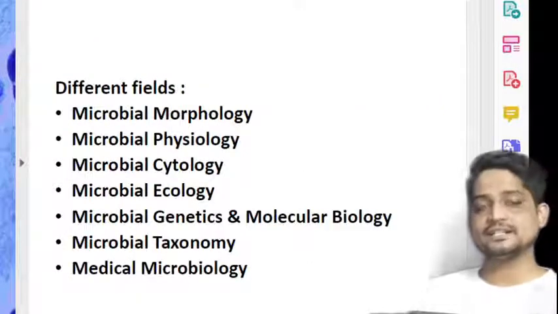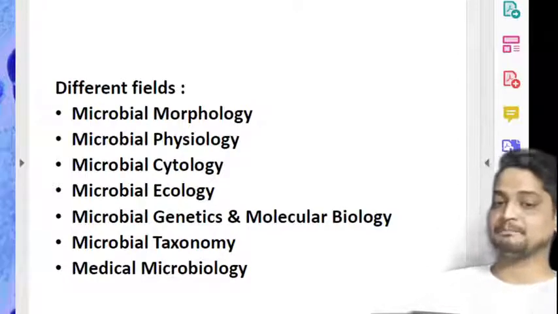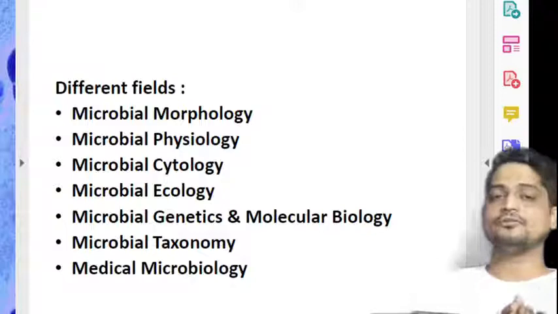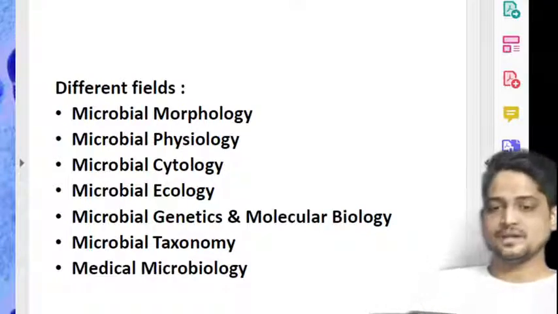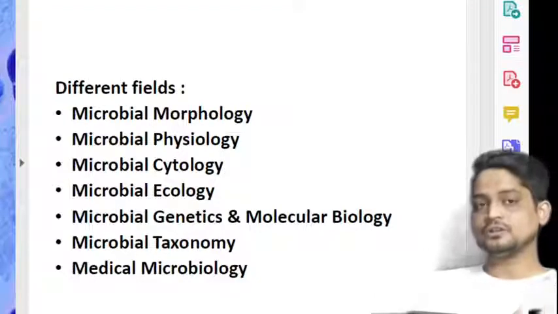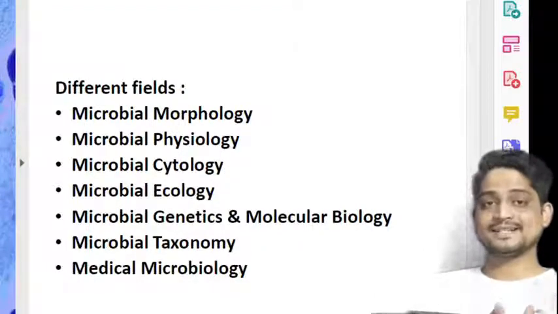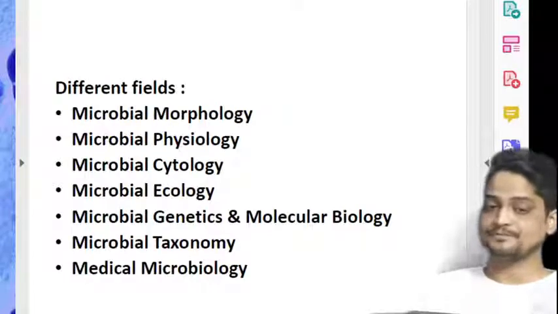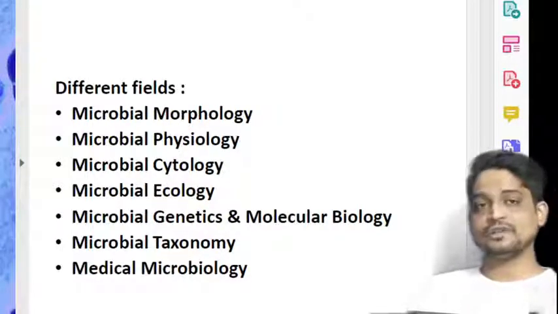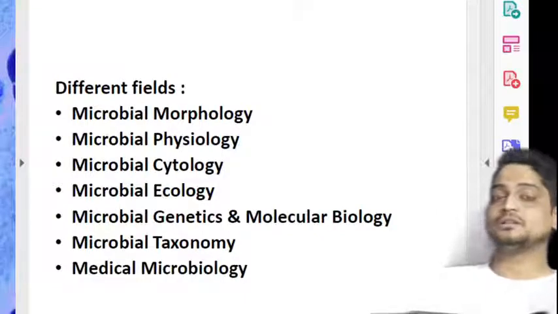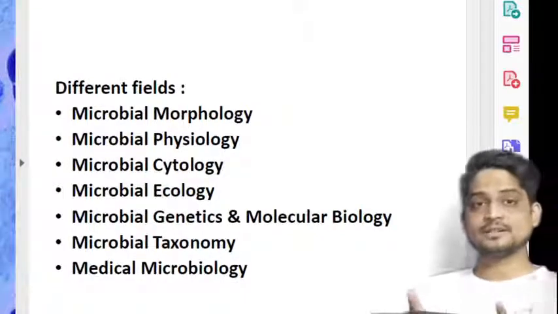So there are different fields in microbiology. Microbial morphology, where we study the external features of those microorganisms. Microbial physiology, where we study the functionality or physiology, or complete cycles or their metabolic rate, their metabolism and so on. Microbial cytology, where we study the cell signaling process or more about cellular respiration and all.